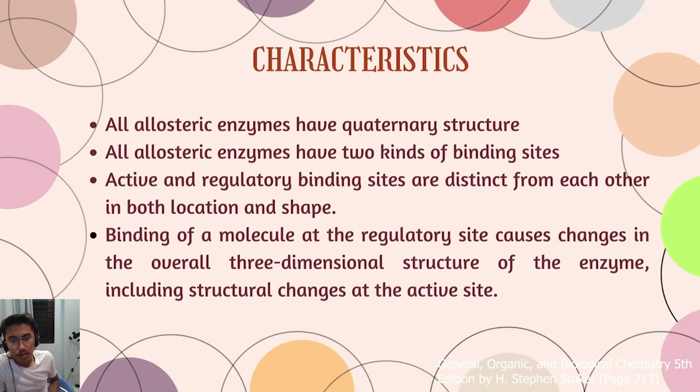Binding of a molecule at the regulatory site causes a change in the overall three-dimensional structure of the enzyme, including structural changes at the active site. So whenever a molecule binds to the regulatory site, the enzyme actually changes in shape, so the substrate won't enter into the active site, thus changing its activity.